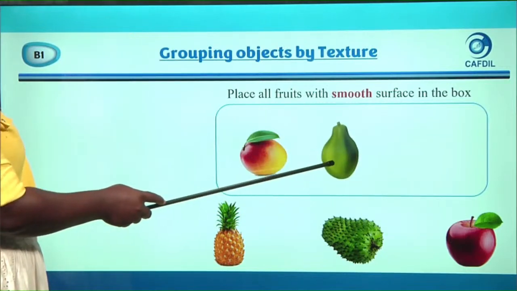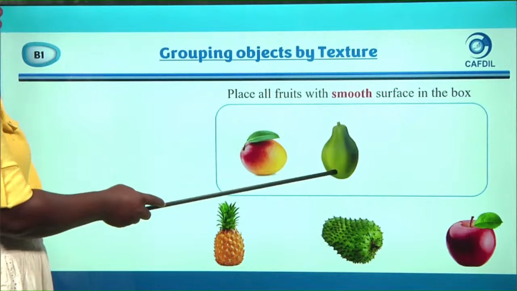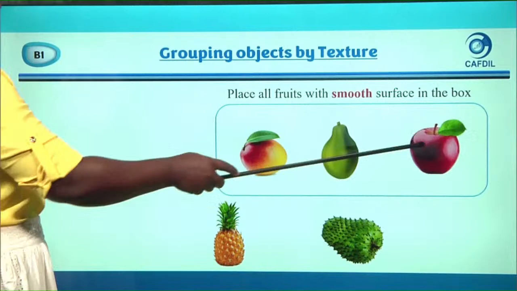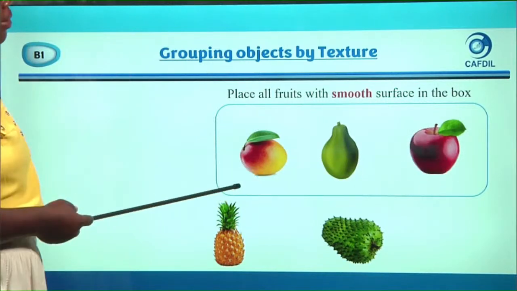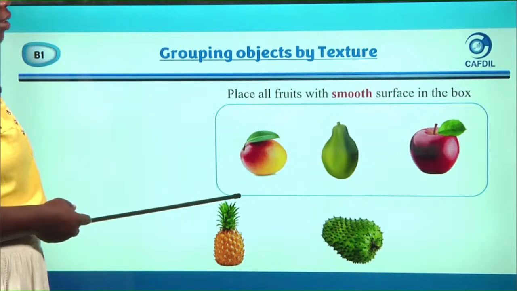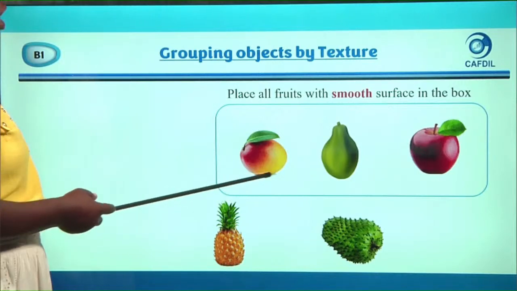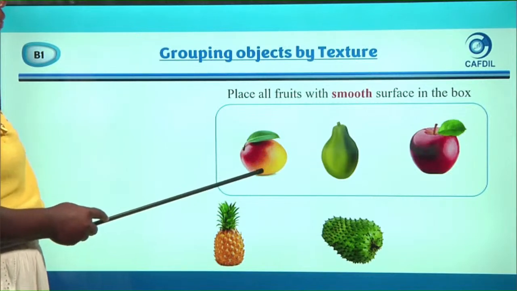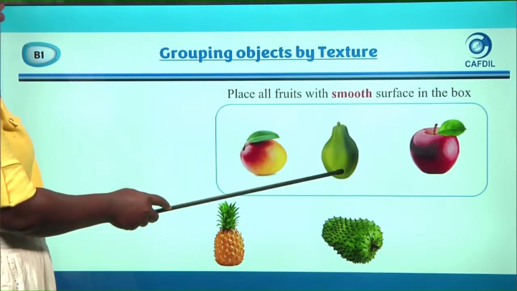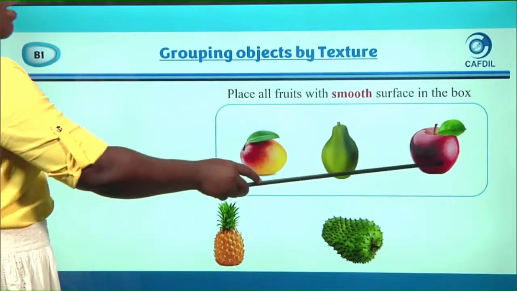Our pawpaw fruit. And our apple fruit. These three fruits are all smooth. Our grapefruit, pawpaw fruit, and apple fruit.